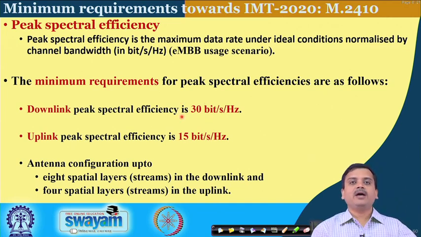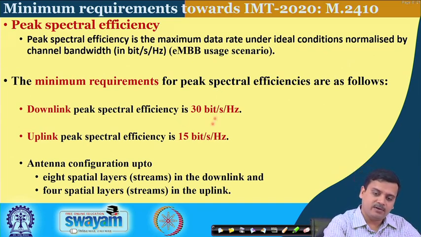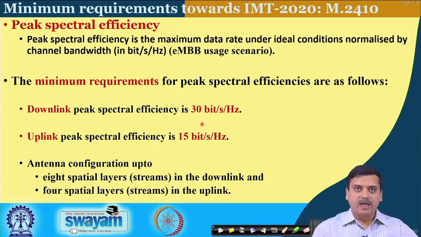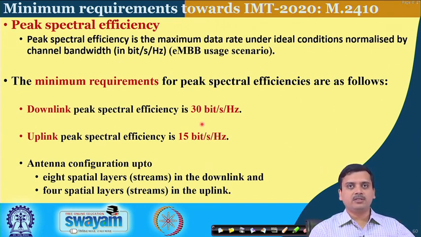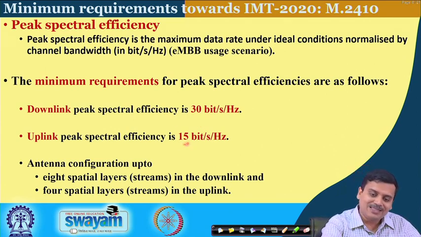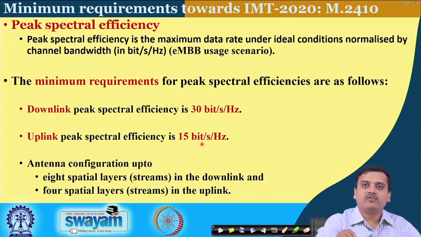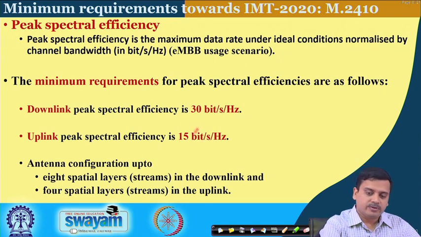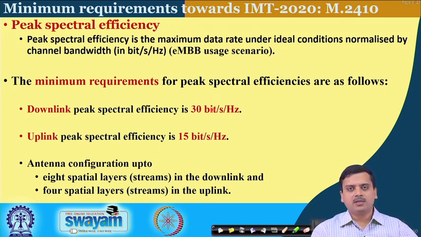So, in some manner LTE-Advanced is pretty much equipped to provide these kinds of spectral efficiency values. The newer generation 3GPP technologies and other technologies may be expected to far exceed these numbers provided by ITU. So, these numbers are already achievable within the technologies available in present day.